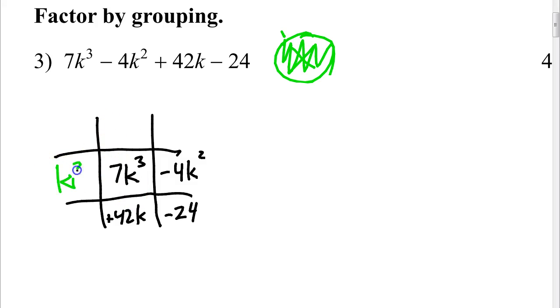So we get k squared and k with a 7. Remember, these two have to multiply to 7k to the 3rd. We'll have 6 and negative 4.